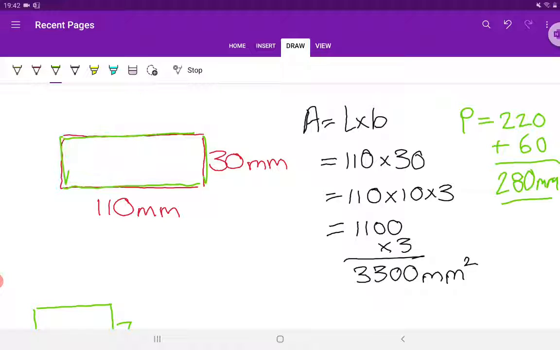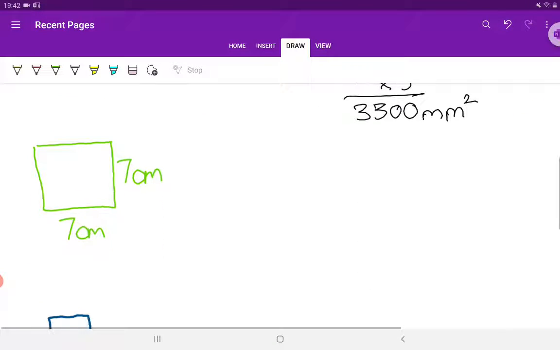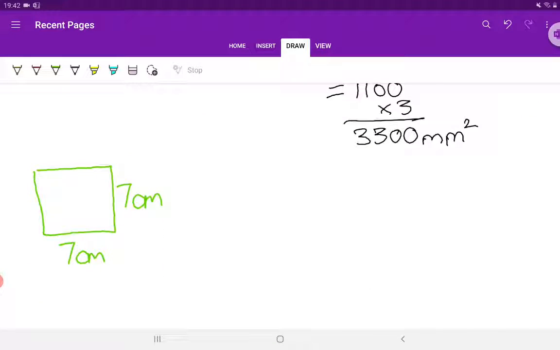Let's have a look at another question. Okay, so the next one we've got is supposed to be a square. Apologies for my dodgy drawing. So, same again, not worrying about the fact that we maybe think this is quite an easy question, but making sure we've got all our lines of working. So area equals length times breadth. 7 times 7 here, or some of you might know that we could also write that as 7 squared, 49, and that's centimetres squared.